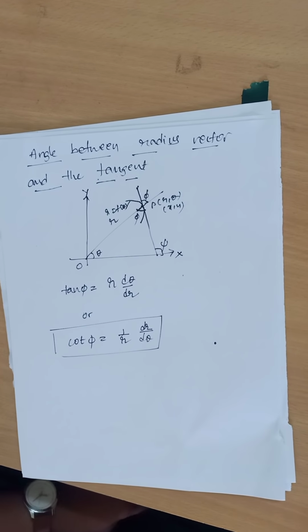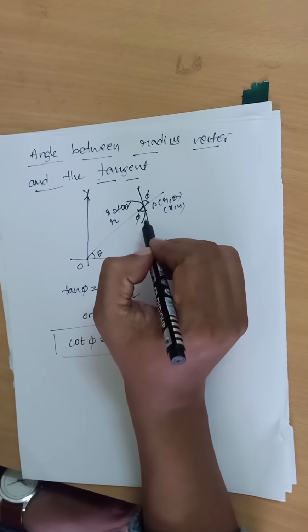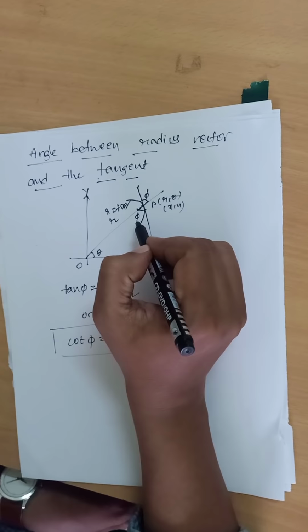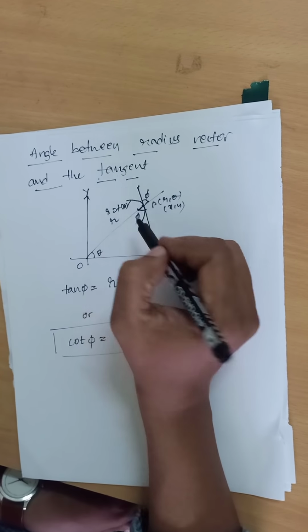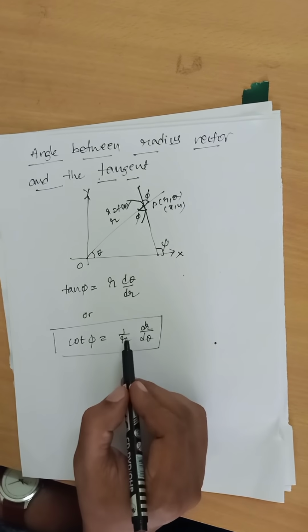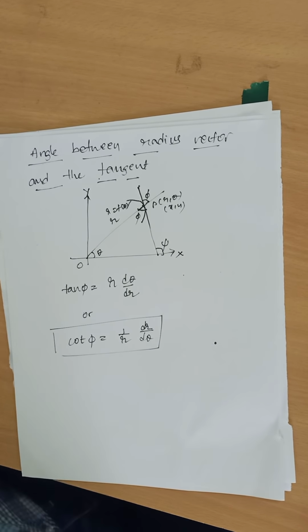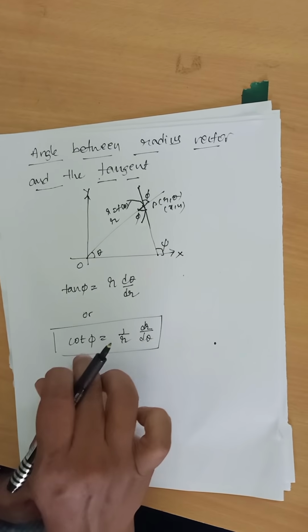In polar curves, the angle between the radius vector and the tangent makes an angle phi. The formula is cot phi is equal to 1 by r dr by d theta. Later we will discuss problems using this formula.